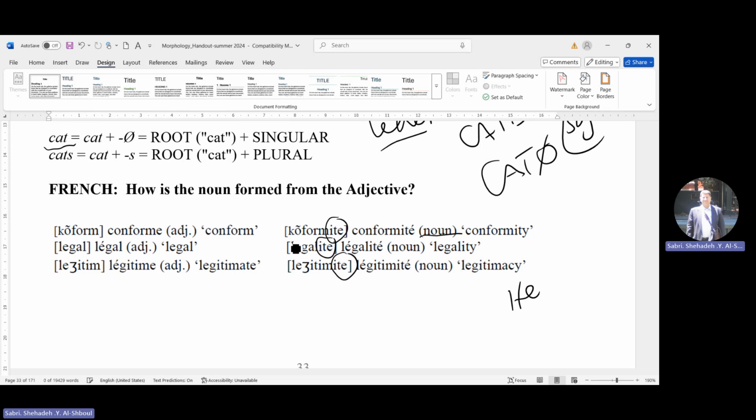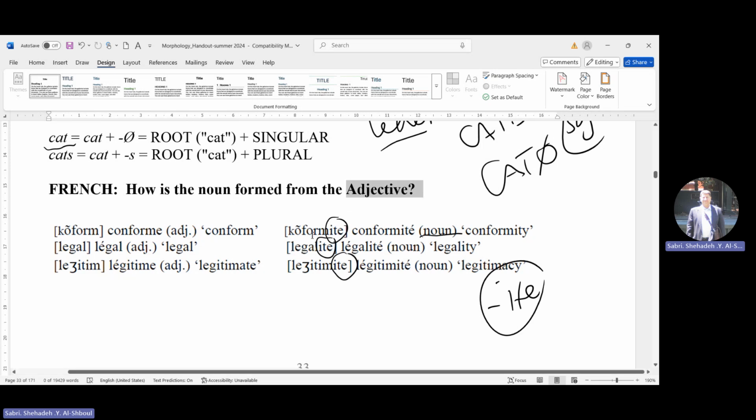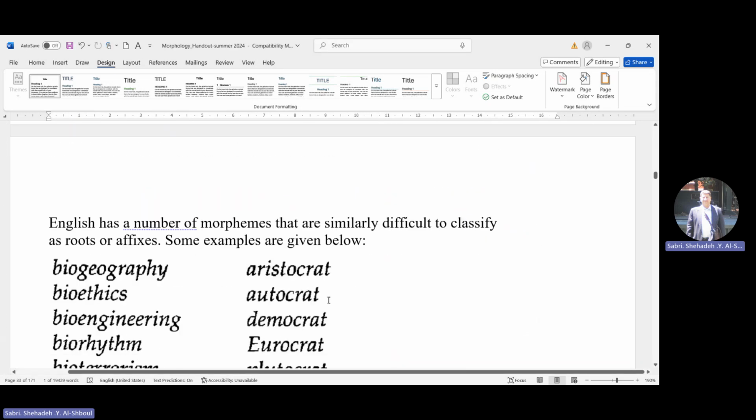Then we have the suffix -ité added to the end of the word as a kind of derivational suffix, okay?